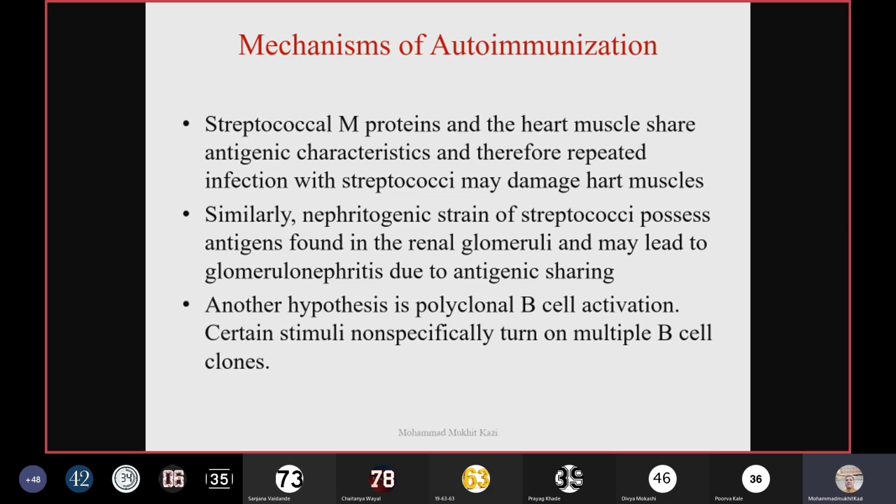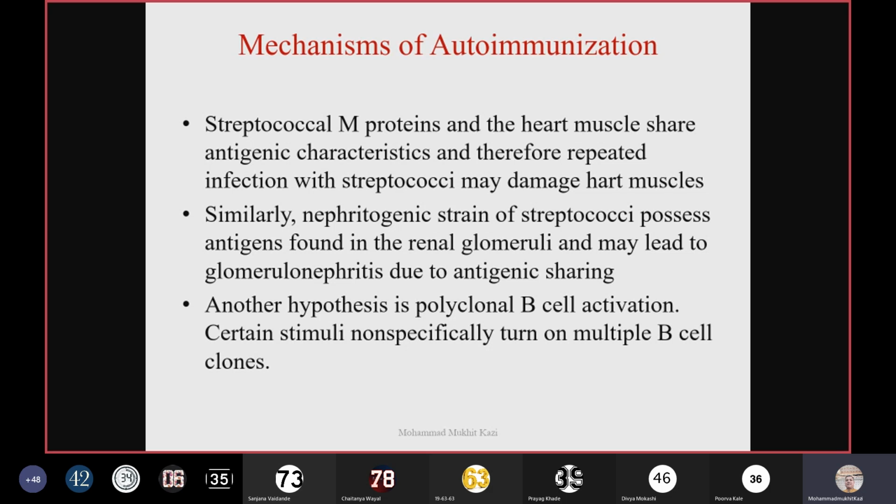There is also one hypothesis that there is a polyclonal B cell activation. What happens if a particular antigen enters your body? A particular antibody is produced, so that there is a specificity between that antigen and antibody, and there is a reaction and that antigen is neutralized. But in a defective immune response or autoimmune disease, that same antigen which has been introduced results in polyclonal activation of B cells.